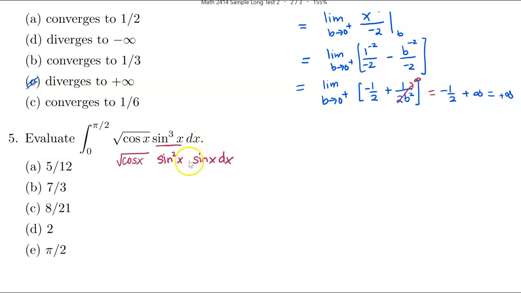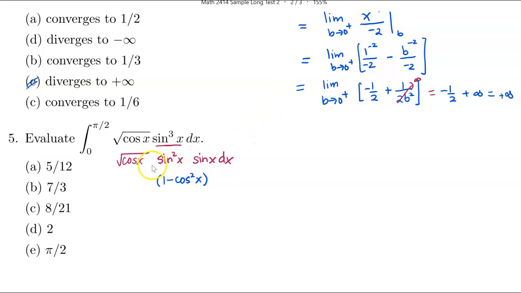Now, what's the goal? Why do we need to factor out the sine cube x? Because we can then write the sine squared x in terms of cosine. Sine squared x is equal to 1 minus cosine squared x.